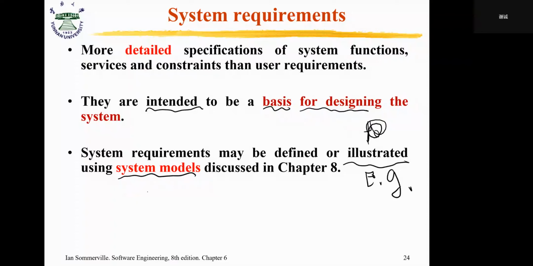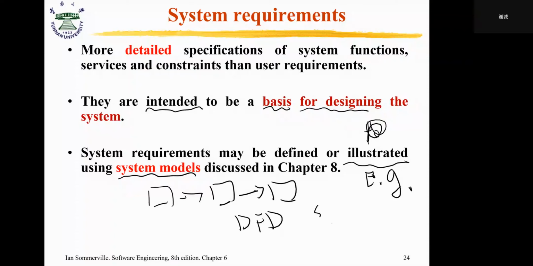This model actually is some diagram like this. Some like DFD, data flow diagram, like a sequential diagram, and use case diagram, something like this. Using this system model to describe some system requirement. And this class, I only teach you how to use language, use some structured language.